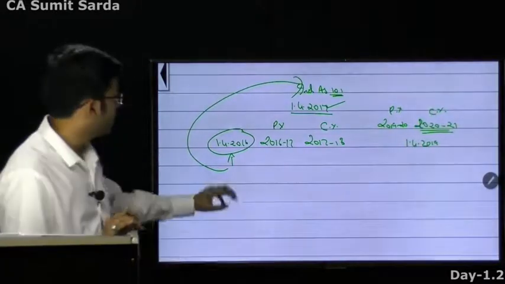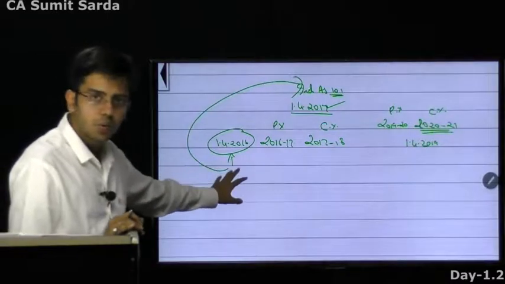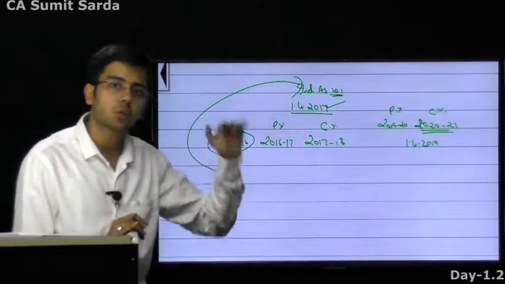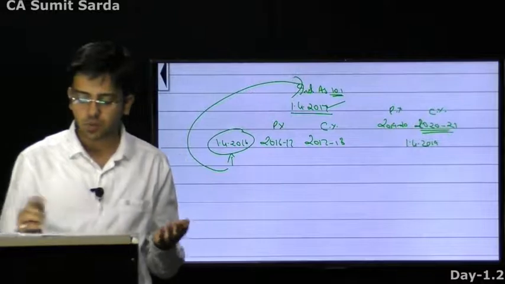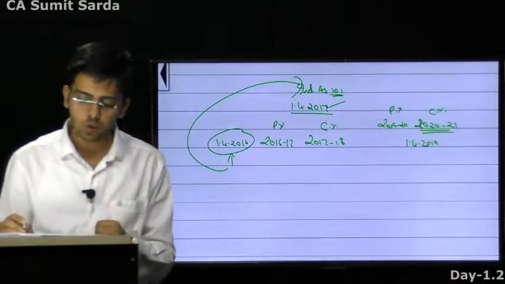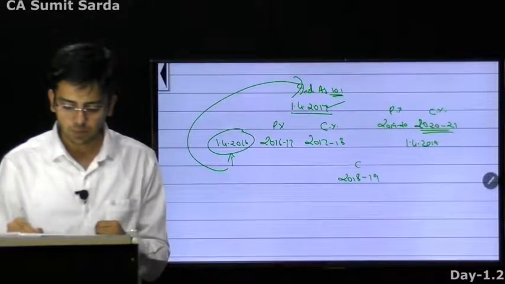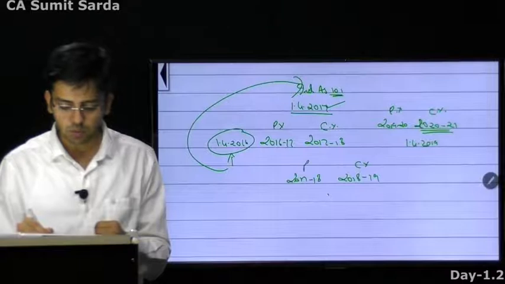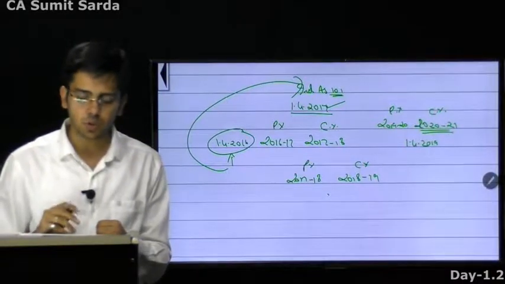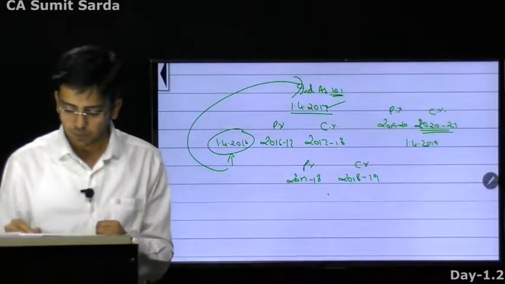So first, when Ind AS was transited, we have to give 3 balance sheets. And in future, if you change the policy, you'll have to give 3 balance sheets. But in future, if you don't change the policy, you don't have to give 3 balance sheets. Like for the year 2018-2019 to be the current year, the previous year will be 2017-2018. No opening balance sheet of 1st April 2017 required. Okay.